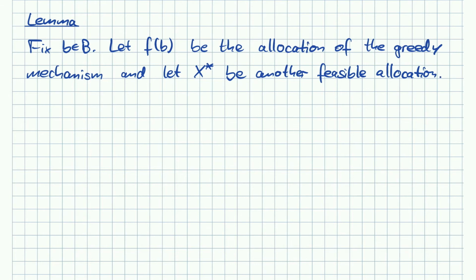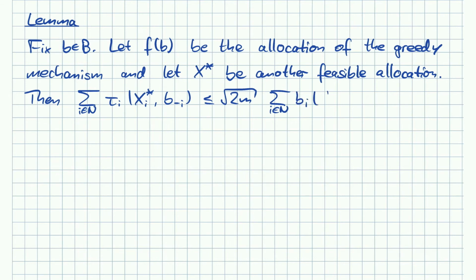Actually, x star is our social welfare maximizing allocation, but that's something we don't care too much about now, because all we're using is that this is indeed a feasible allocation. Then the following holds: the sum of the critical bids is at most square root 2m times the sum of the bi of fi of b.